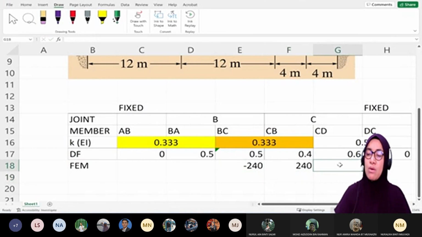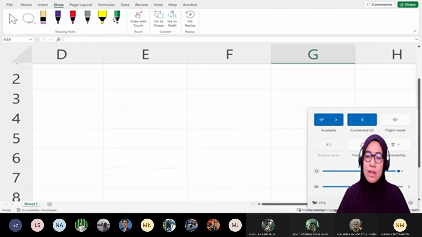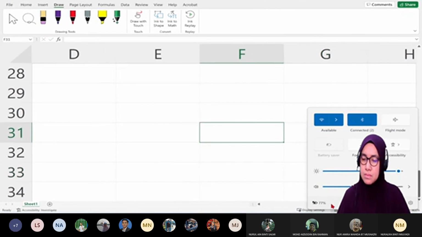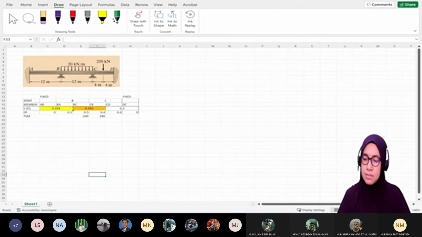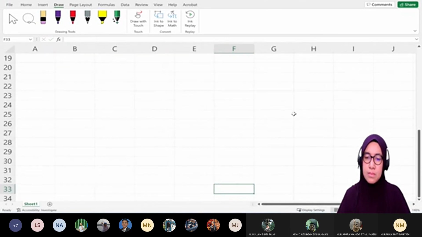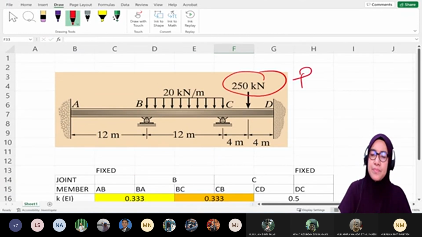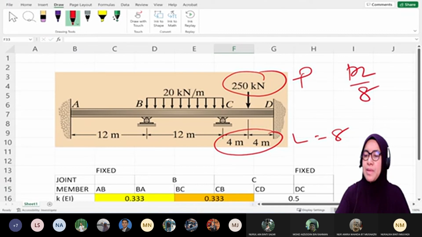Okay, and then PL over 8 for the formula, referring from the formula sheet. P is 250 and L is 8, so it is PL over 8.